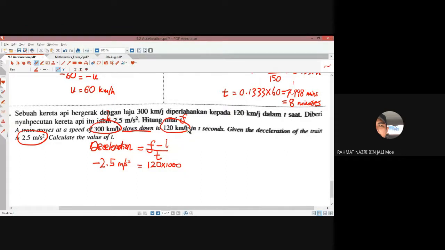And then hour, we convert it to second. 60 multiplied by 60. This is a final speed in meter per second.